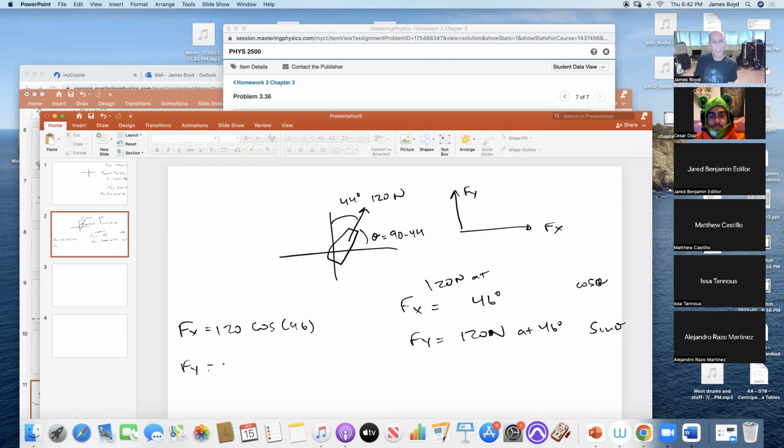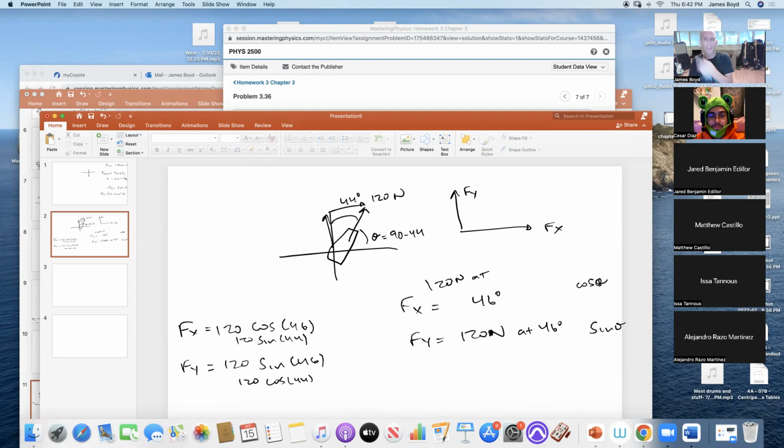Fy is 120 sine of 46. Incidentally, we could actually write 120 sine of 44, which would be this angle, and it would be that part. And we could write 120 cosine of 44. They will give us the same answer.